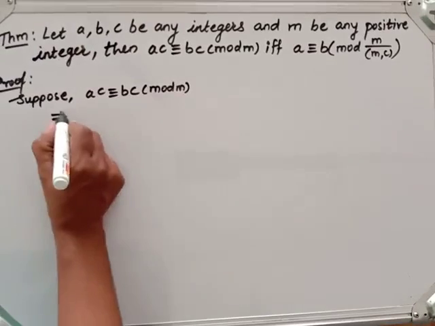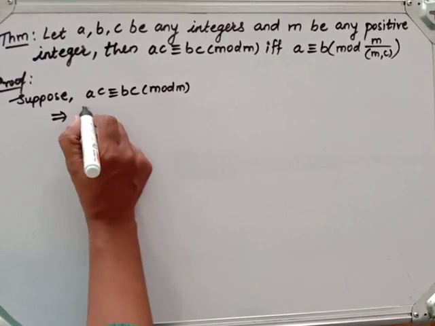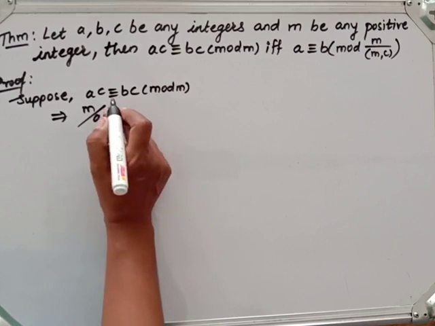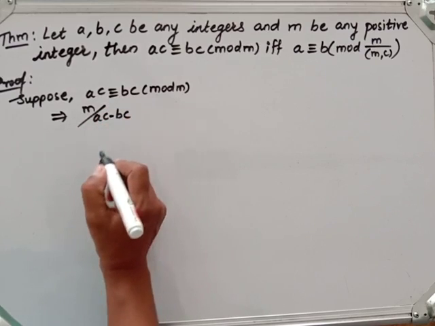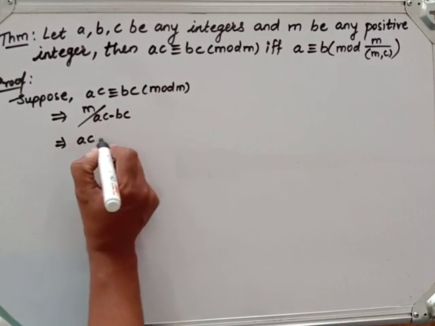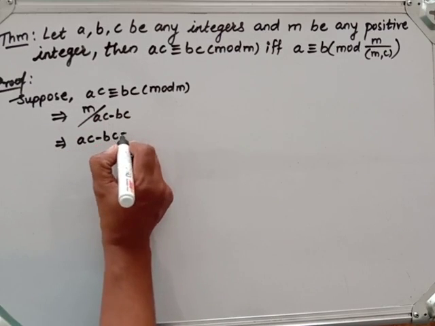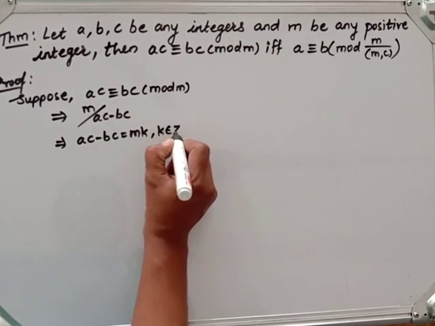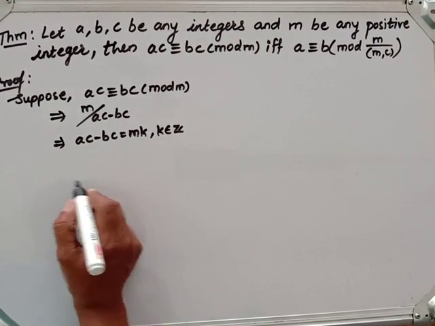Then by definition of congruence we get m divides ac minus bc. That is the same as, by definition of divisibility, ac minus bc is equal to m into k, for k belonging to the set of integers.